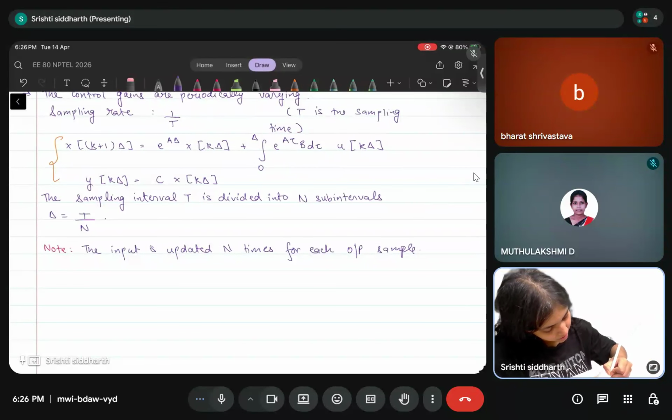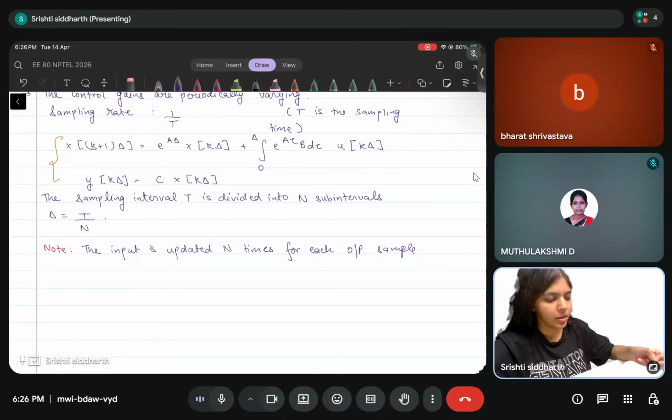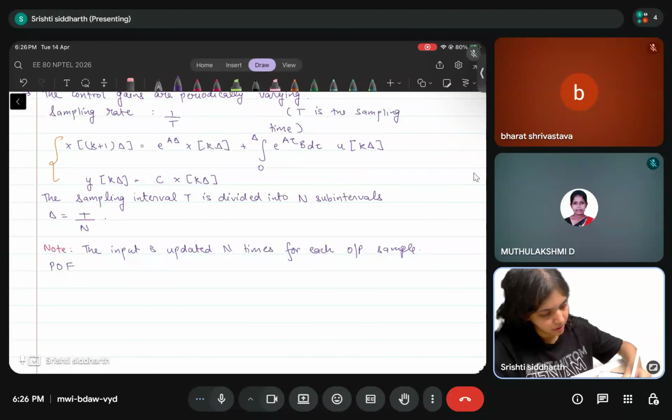So the objective is to design the feedback controller, right? Using the periodic output feedback controller approach. So this is the periodic output feedback.